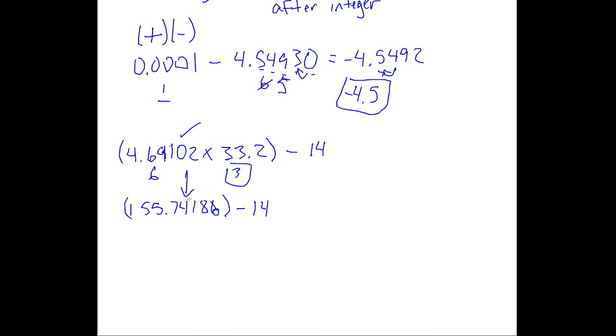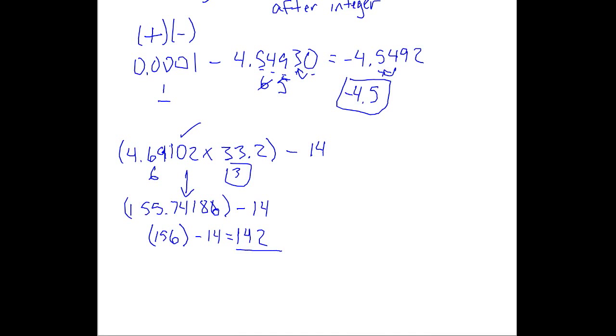So my answer should only have 3 sig figs. So if I look at this, 1, 2, here's my third sig fig. Round it up, so it becomes 156 minus 14. Now here I'm adding and subtracting. This is pretty easy because I have no significant figures to the right of the decimal. So I shouldn't get any in my answer. Which, luckily for us, you plug it into your calculator, you don't. So you end up with just 142. That would be your final answer.